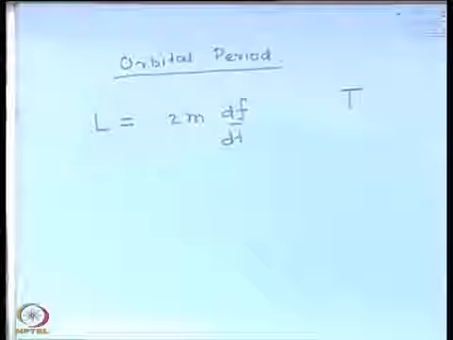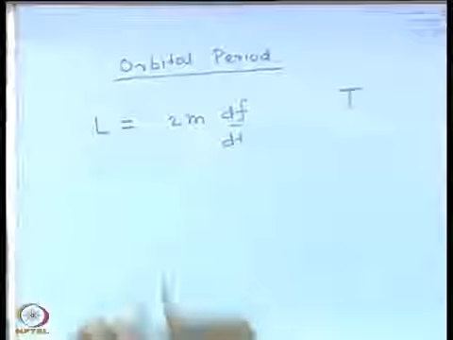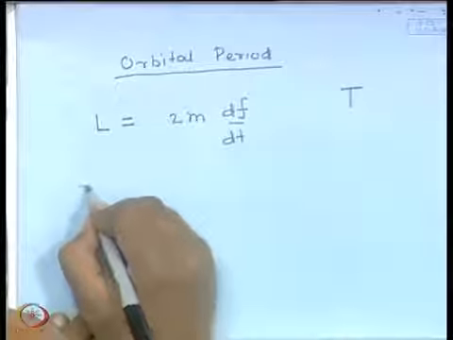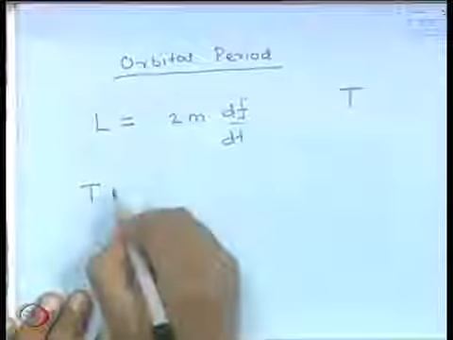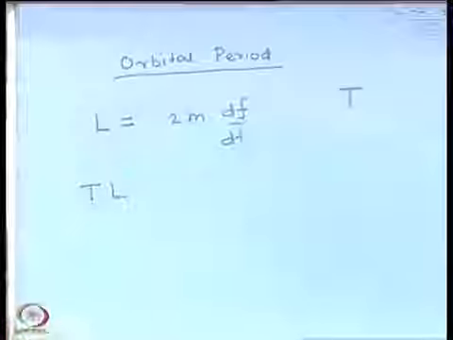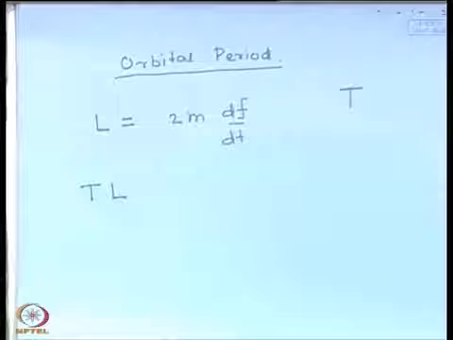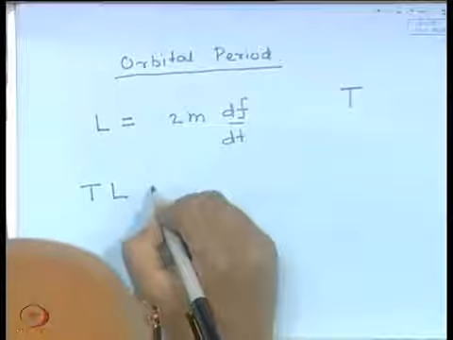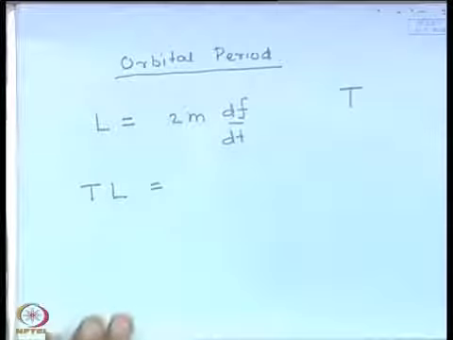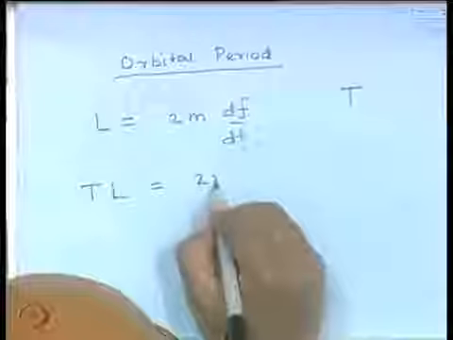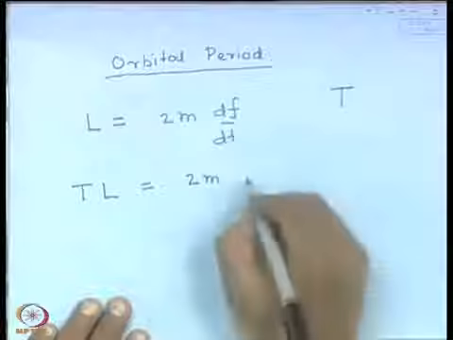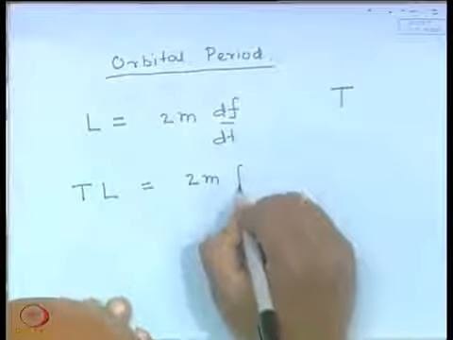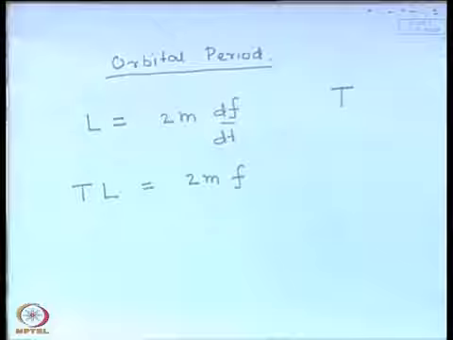If I integrate this over one whole orbit, then what I will get is that T, the orbital period, into L, the angular momentum, is equal to 2m into the area. This f is the area, right. This is the rate of change of area.